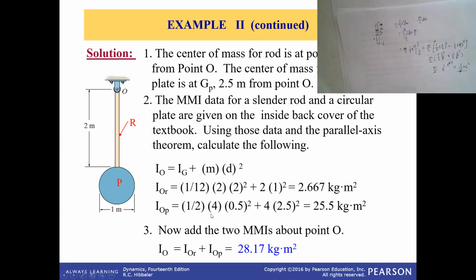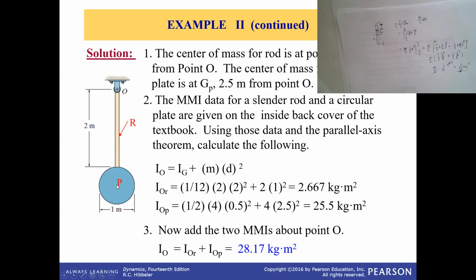Now on the plate here, because it's a circular disc, you'll do similarly. You can also do the integration by yourself if you want, but for the disk it's 1/2 m r squared. So 1/2 m is the mass of the disk, and then the r squared.